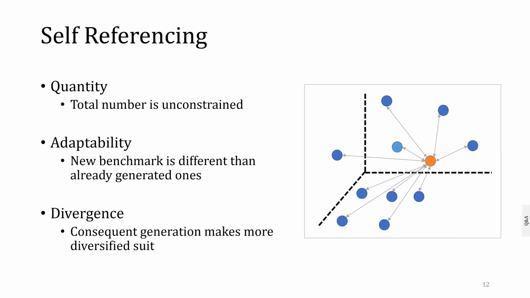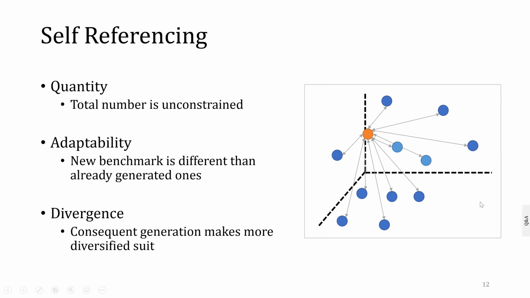When we generate the second benchmark, it includes the first one in its references. And when we generate a third one, it would count the previous 2 benchmarks as references. So it will make sure that the synthetic benchmarks are not being generated in the same positions again and again and do not form a cluster.